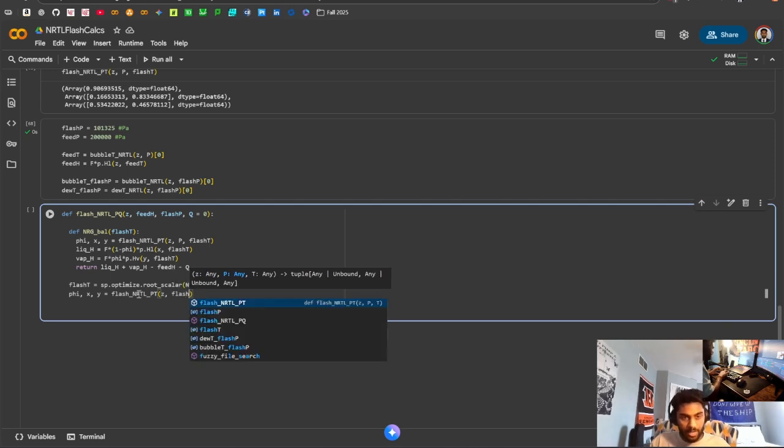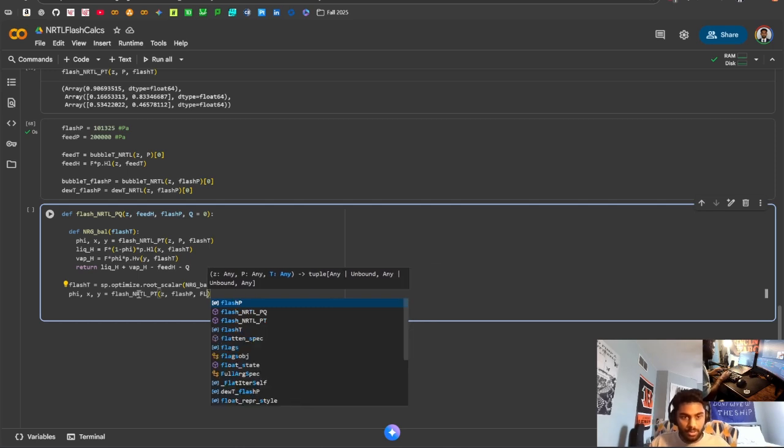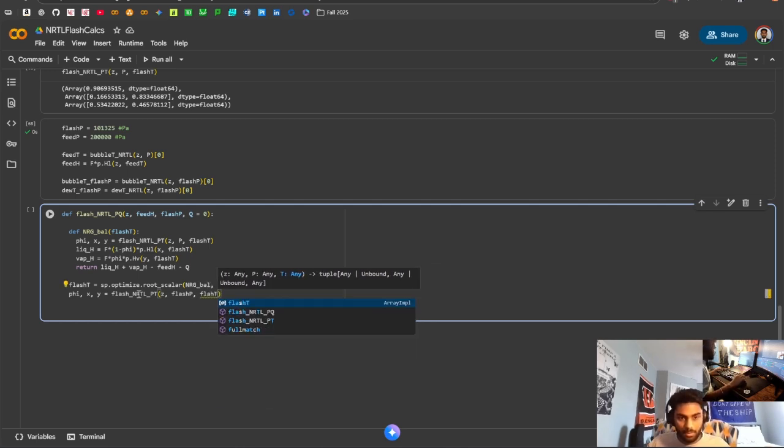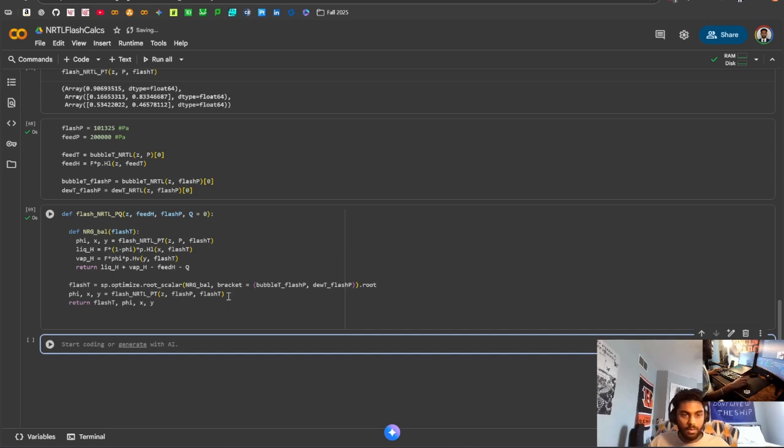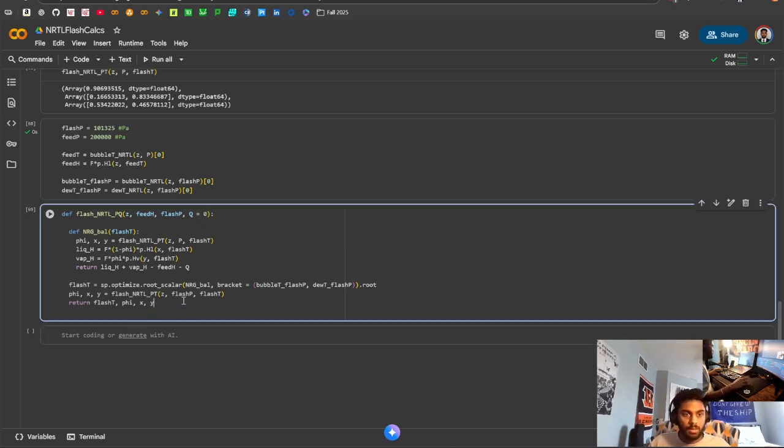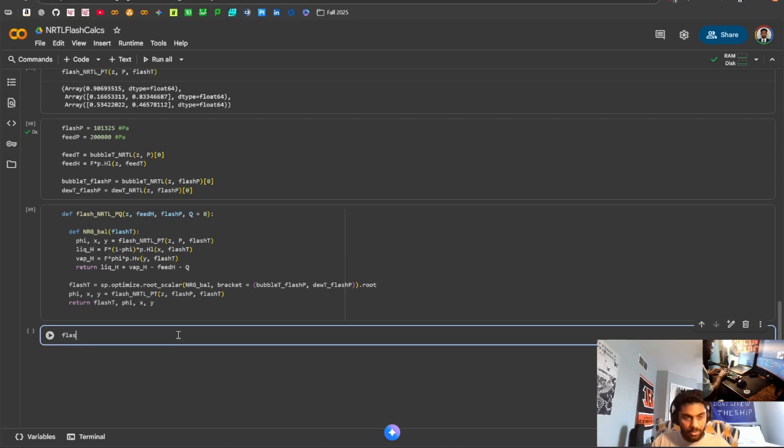We'll be using our flash pressure and our flash temperature. And then finally we will want to return our flash temperature, our phi, x, and y. So let's go ahead and give this a go and see if we converge.